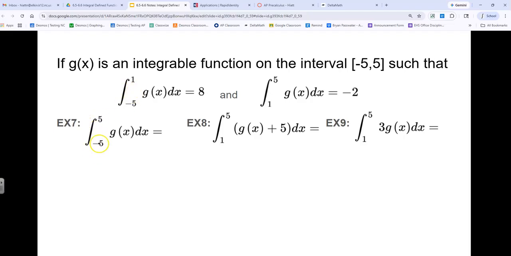So if they ask me for the integral from -5 to 5, what would I have to do here? Just add these two together because they connect right here at +1, right? So I would have 8 plus -2, and I would get 6.